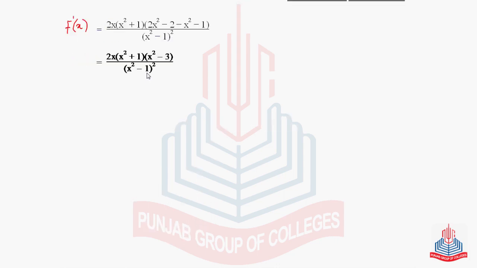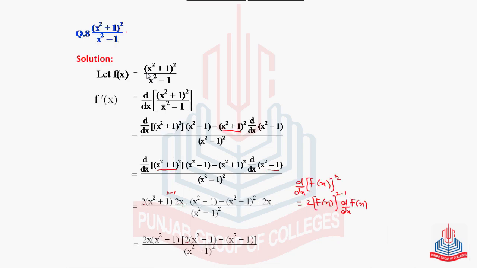The final thing we want to explain is why we are not applying a simplification technique here. If we apply simplification here, that will be (x to the power 4 plus 2x square plus 1) divided by (x square minus 1). So we can see there is no simplification by applying the square formula on f of x.